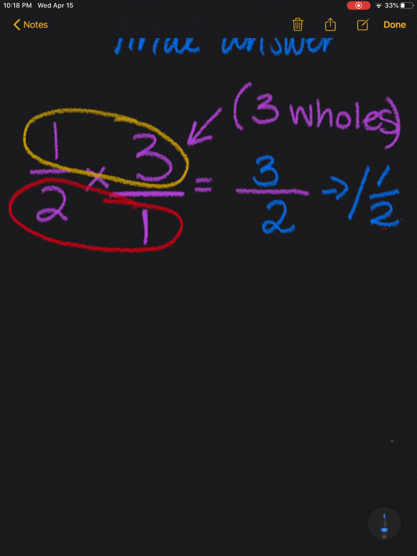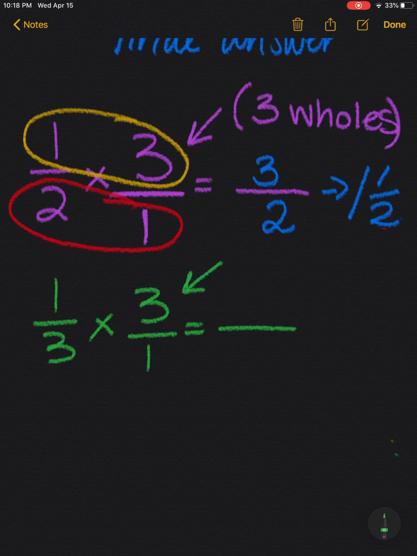Now let's try another one. Let's try 1/3 times 3. Now remember, 3 is just 3 over 1, right?